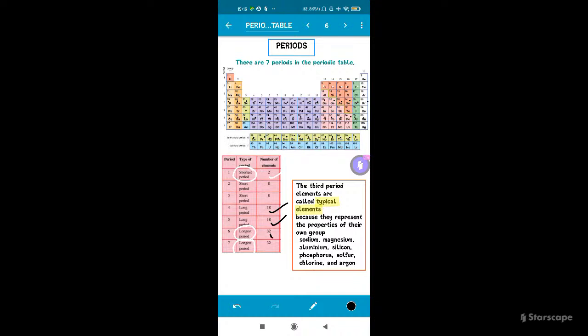So 32 elements in period 6 and again 32 elements in period 7. So these are called the longest periods which have the largest number of elements. So you have to consider the lanthanoids, you have to consider the actinoids, you cannot skip them.